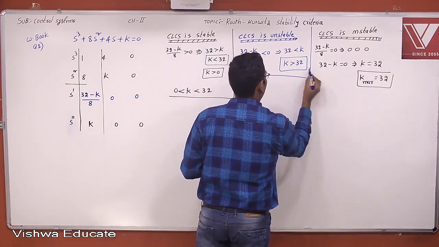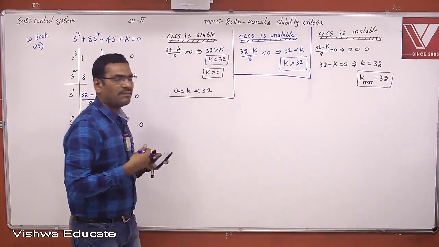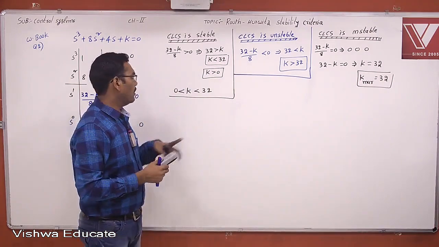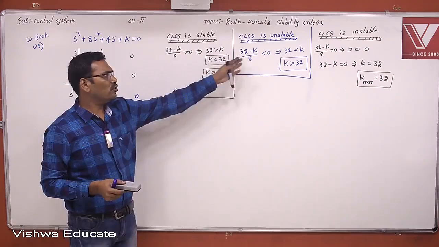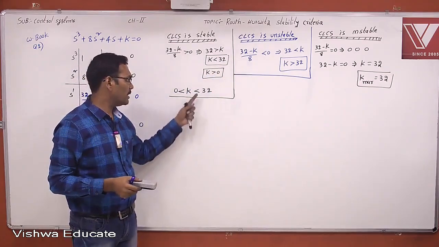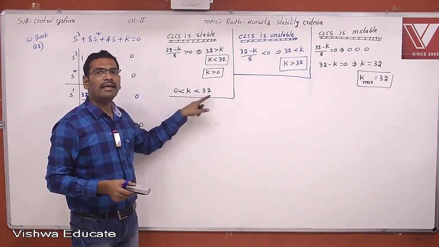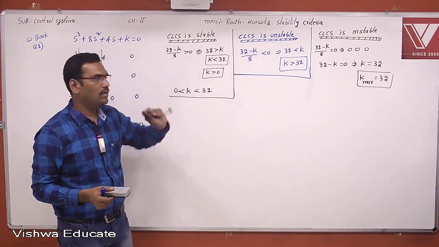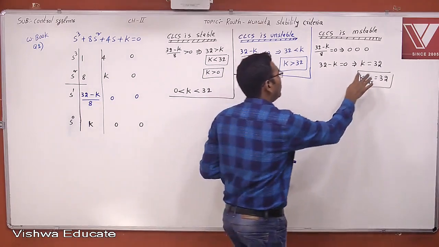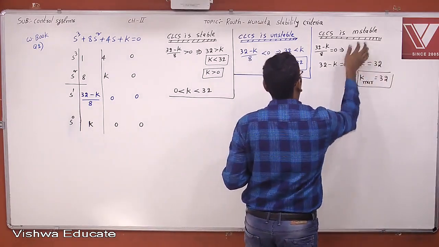But this is the first time I am doing this; from the next time I am not doing it like this. When k is less than 32, it is stable, then there is no need of calculating the remaining portions. Less than 32 stable, greater than 32 unstable, equal to 32 marginally stable. Understand or not? Yes.